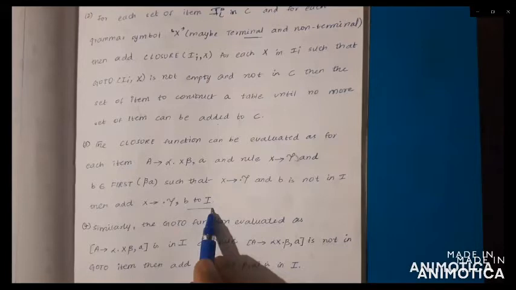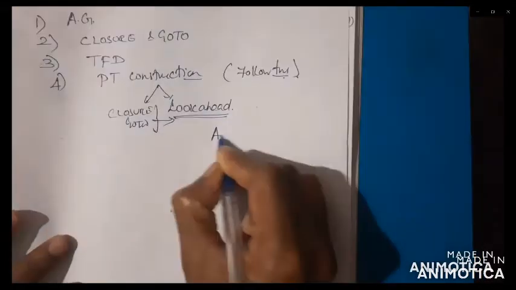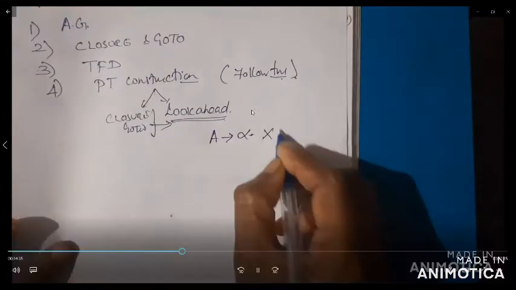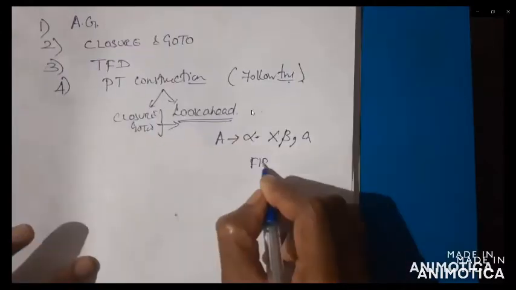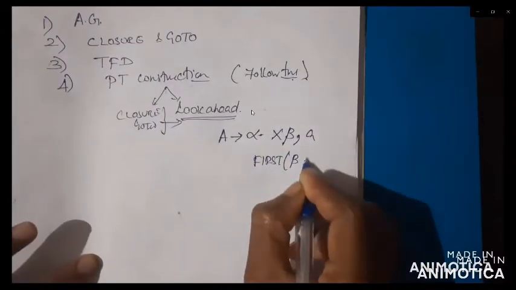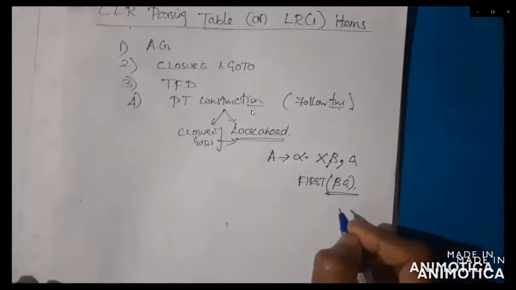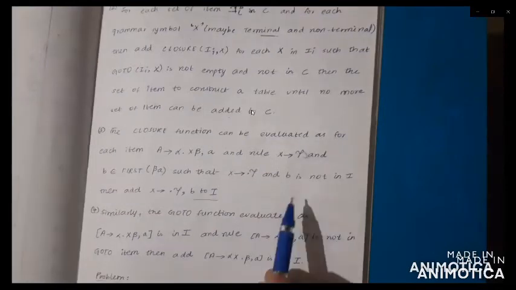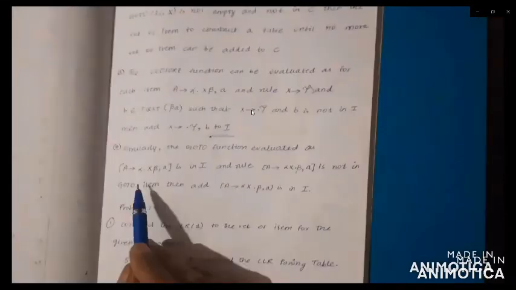A tends to alpha dot X beta, comma a: here you check the first of beta a. Based on these rules only you have to check. The next thing, similarly, the goto function is evaluated as: A tends to alpha dot X beta, comma a is in I, and the rule A tends to alpha X dot beta.